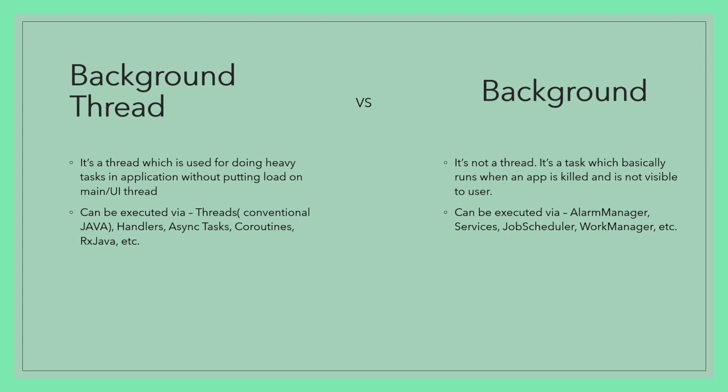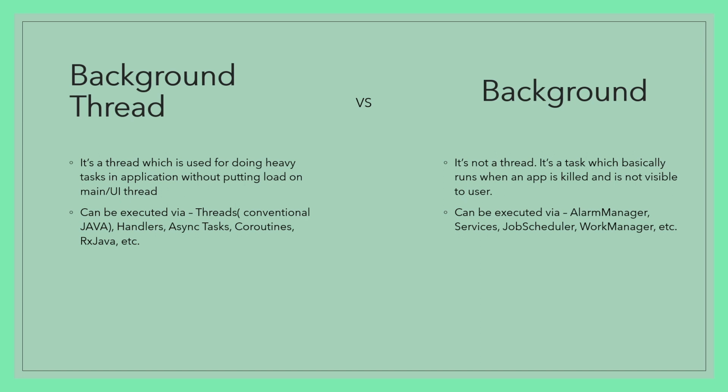We say this is a background task. Rather than discussing the thread and all the stuff, we just say the app is running in the background. A thread, as we already discussed, is something we use for heavy operations in the application, and background is whenever the application is not running.